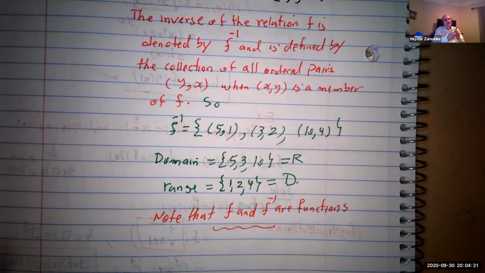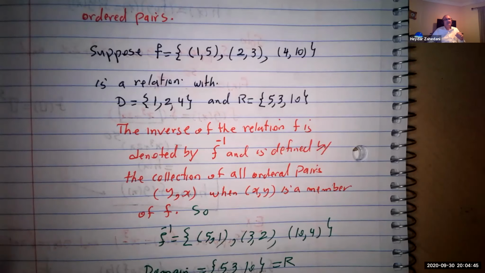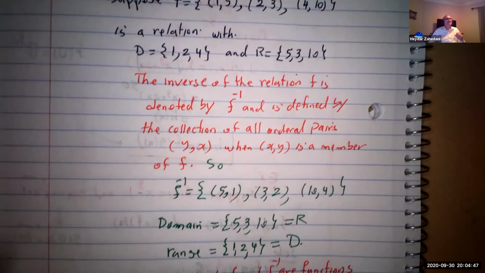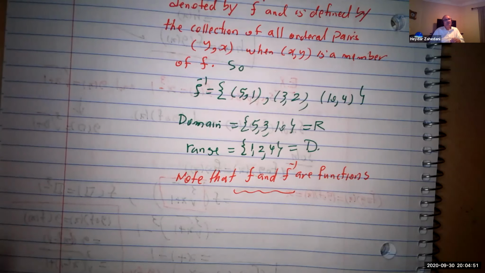If the result is also a function, this new result is going to be called the inverse function. That was easy because it's just ordered pairs. But for the function, we can use algebra in order to find that. There is no guarantee that if you give me a function, I can find the inverse of that function. But there are conditions that we're going to impose to get that function.